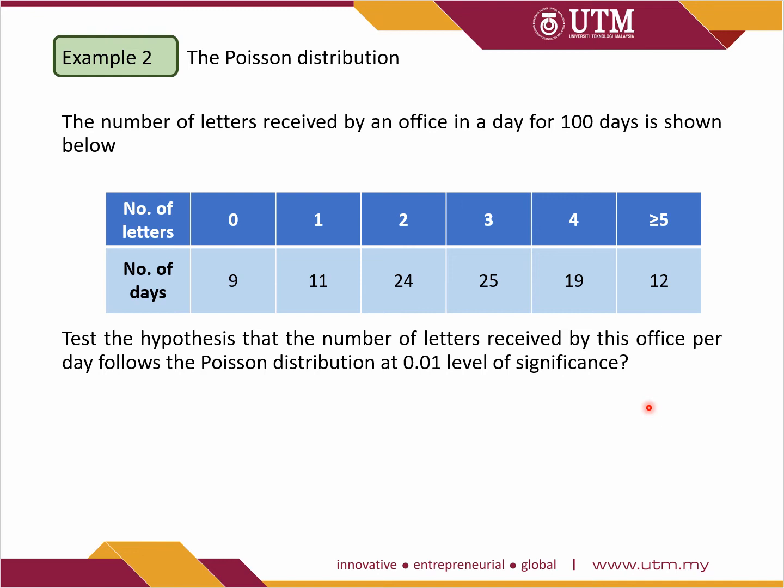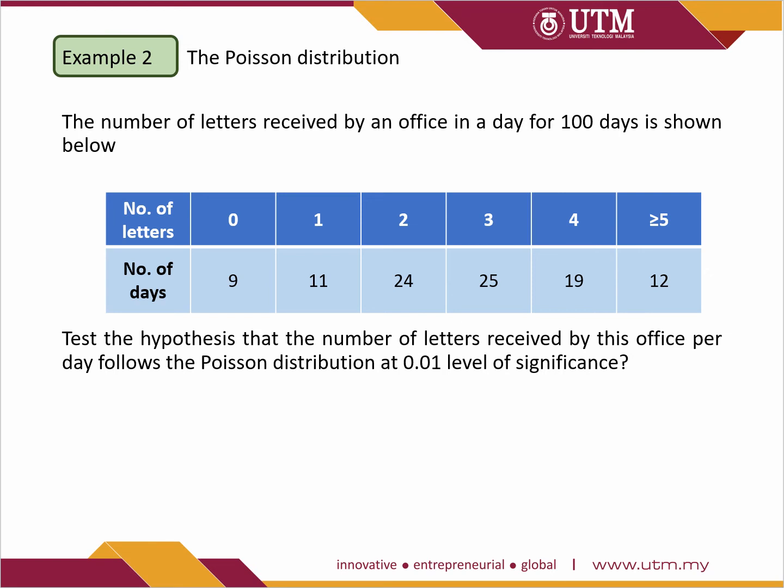We know that the Poisson distribution has the parameter mean, given as lambda. But in this problem, no value of lambda is given.